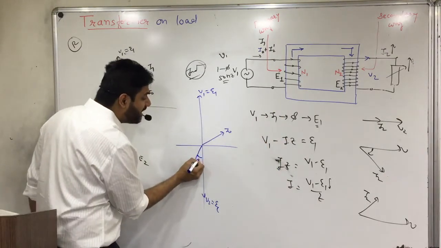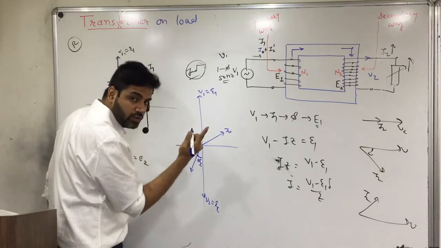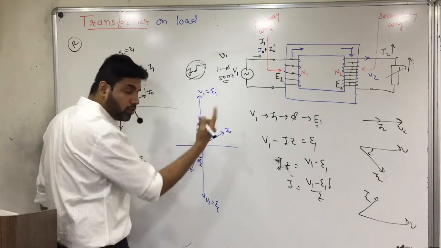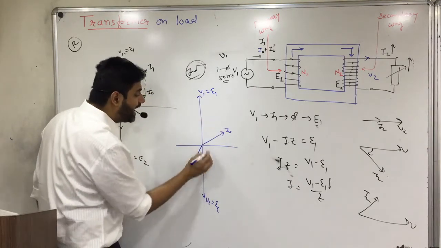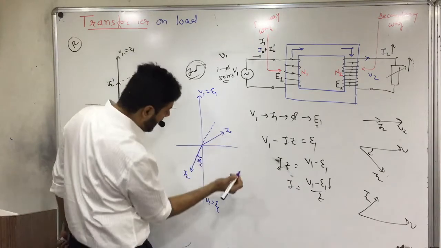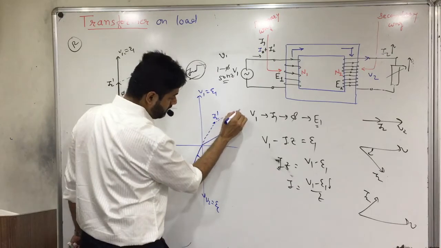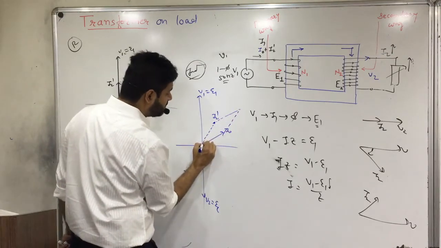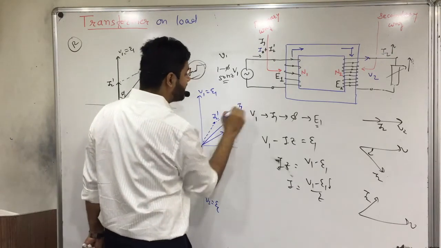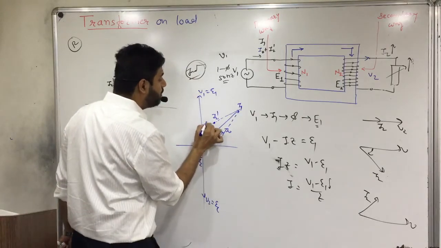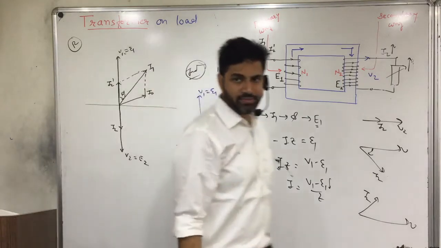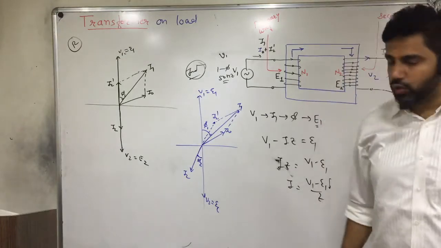So this becomes my phi 2, the secondary power factor angle, or load power factor angle. And this is my I2. I2 dash will be this. So this is I2 dash, and this becomes I1. And this becomes my primary power factor angle. Fine. Is it clear?